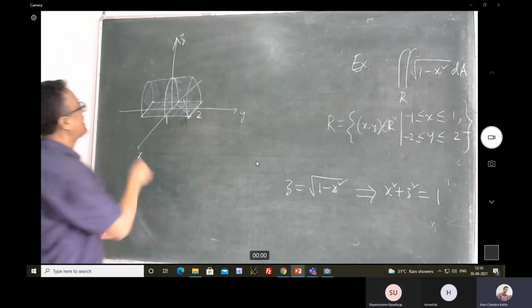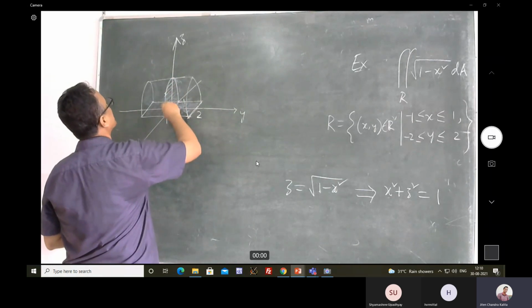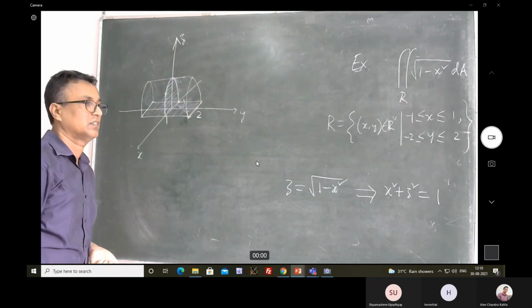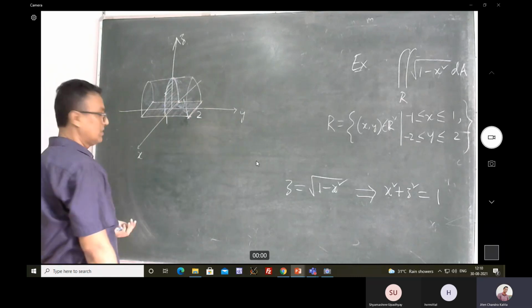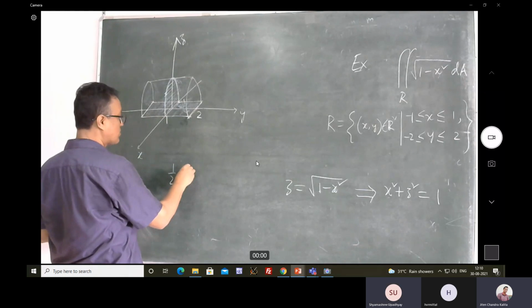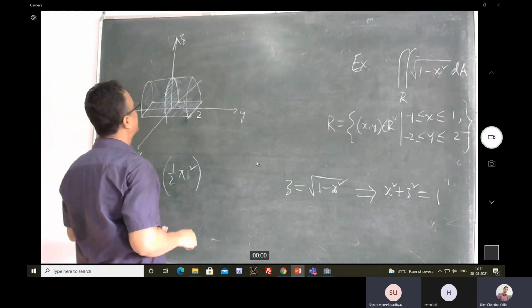Yes. So now if you look at this, what is the area of this half circle? Area of this half circle is simply pi times 1 squared. Right?